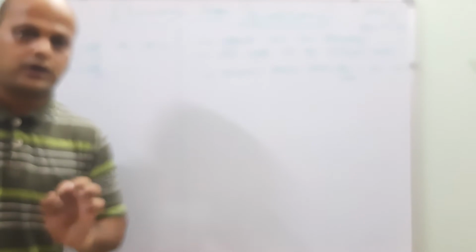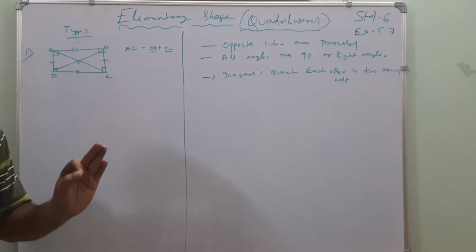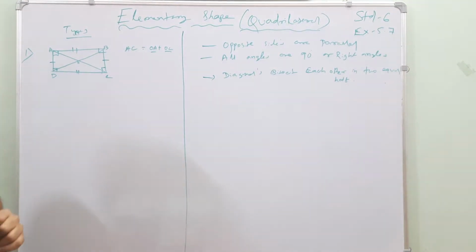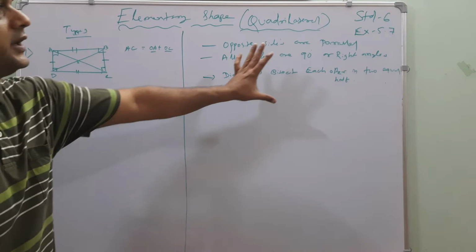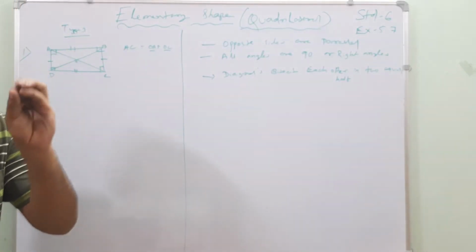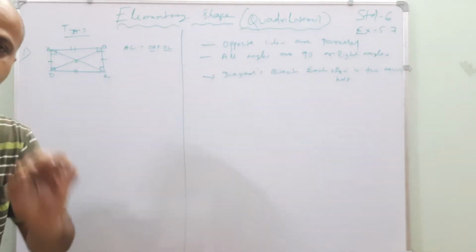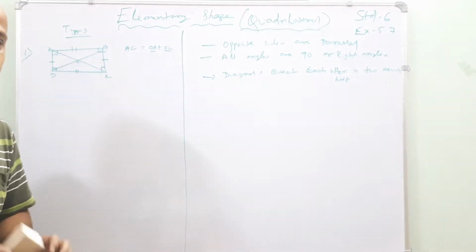Understood, my dear friends? Now these are the simple properties of the quadrilateral called a rectangle. If they are present in any quadrilateral, then you can easily identify it as a rectangle in mathematical terms.